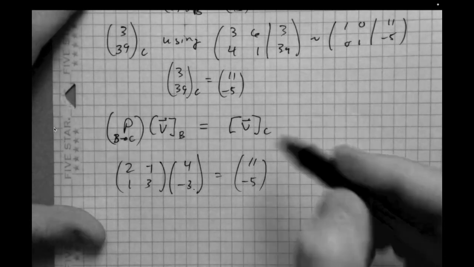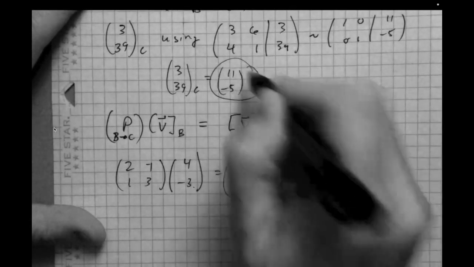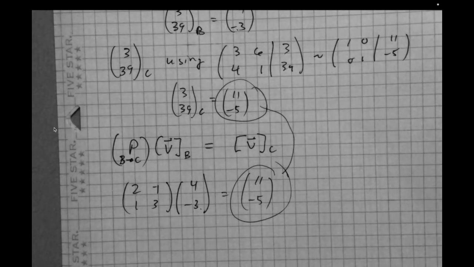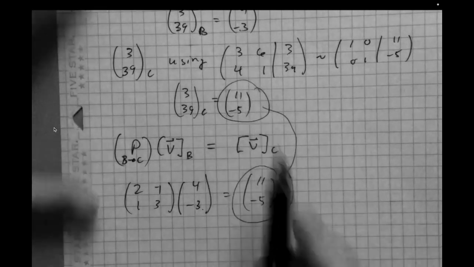Okay, right. So look, this is equal to what we wanted, and these were found separately. So once I find the transition matrix, I'm done. I don't have to row reduce anything ever again. I just can multiply.